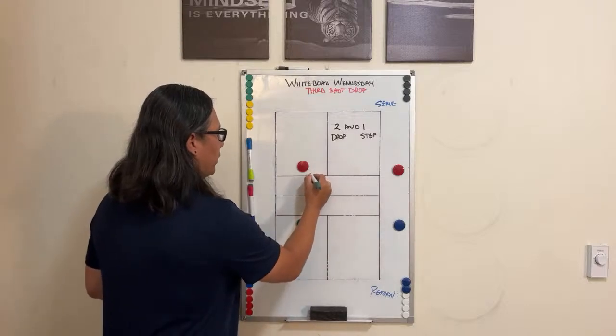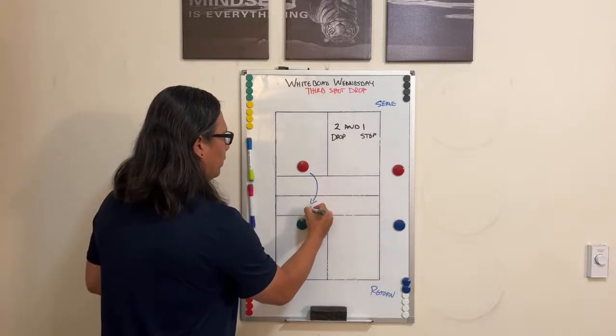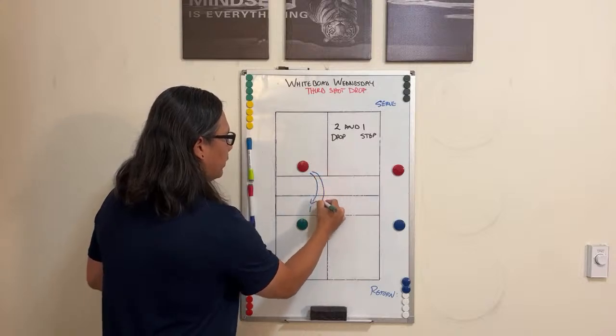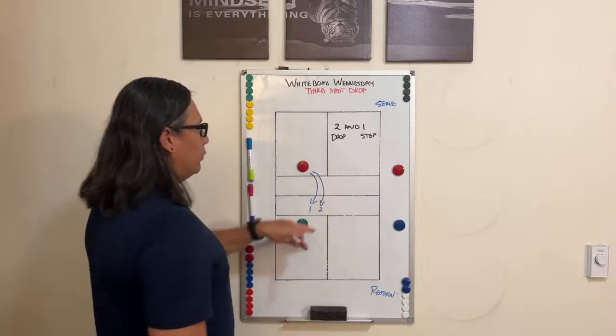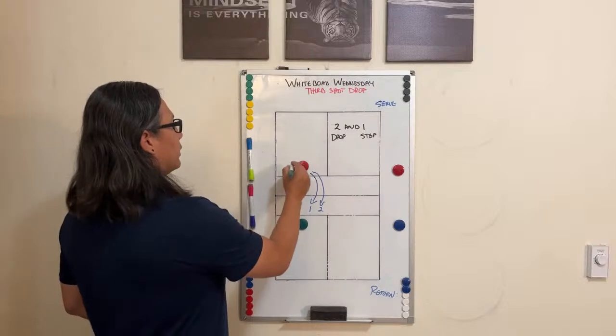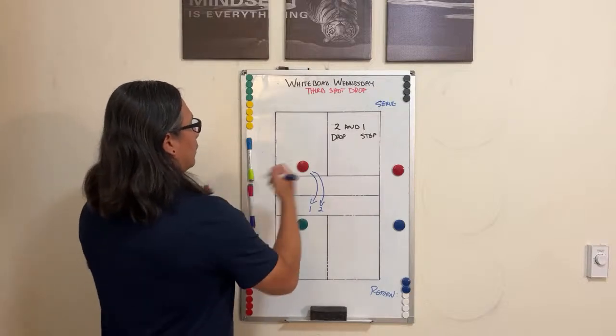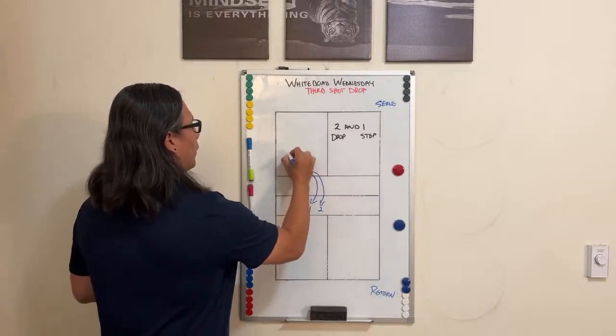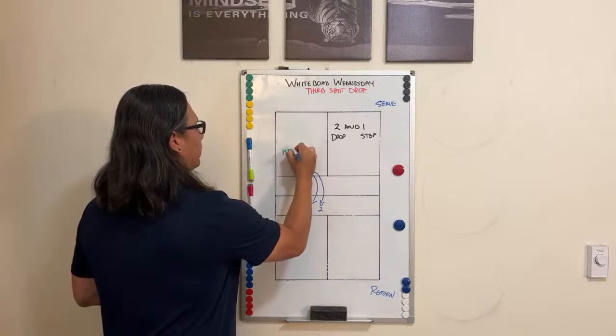This player is dropping the ball. Once they drop 1 ball and then they drop the second ball into the non-volley zone, they will take 1 step back.